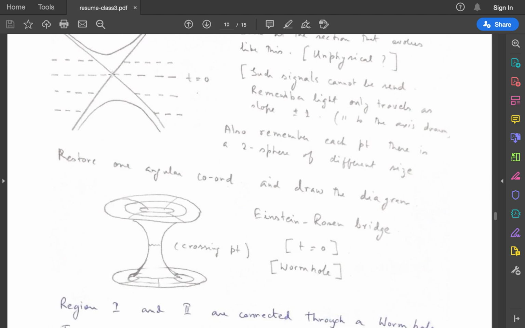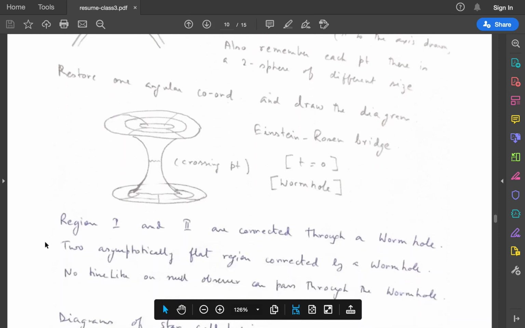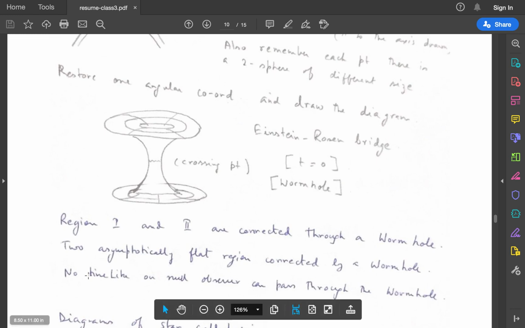If I do this for phi equal to 2 pi, I will get this diagram, and this is known as the wormhole. This is the mind-blowing thing that we often used to think about. Let us call this region 1 and this region 2, connected through a wormhole. Two asymptotically flat regions connected by a wormhole.